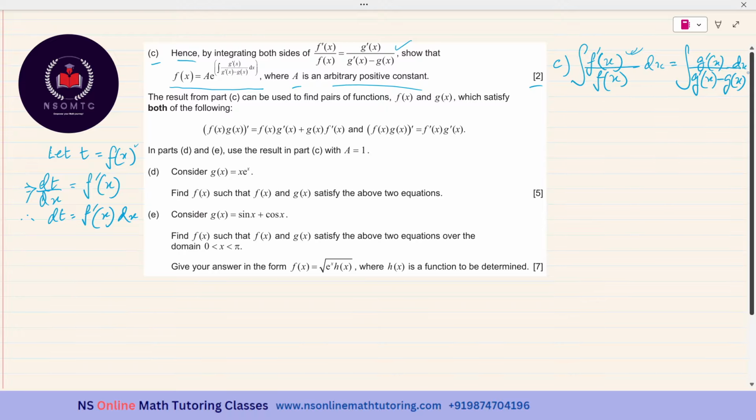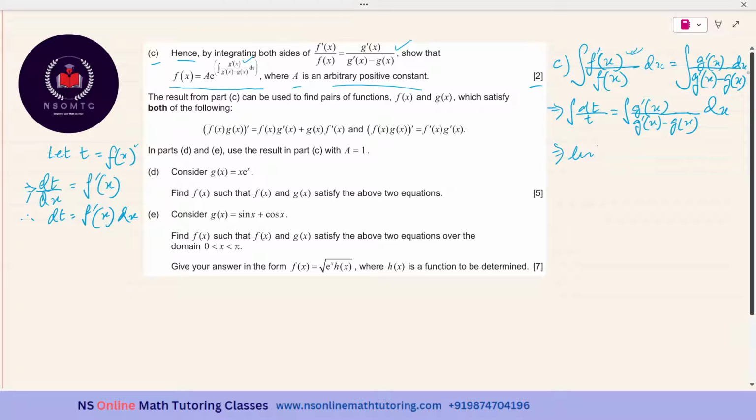Okay. So in place of f dash x dx, I am writing dt. So this is dt over t, because t is f of x. And this one I am keeping it as it is, g dash x over g dash x minus g of x dx.